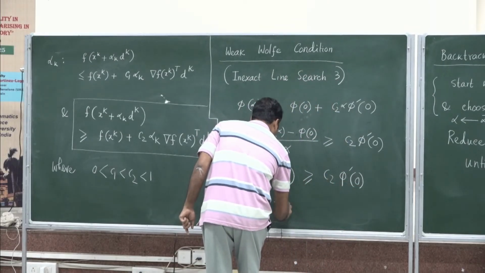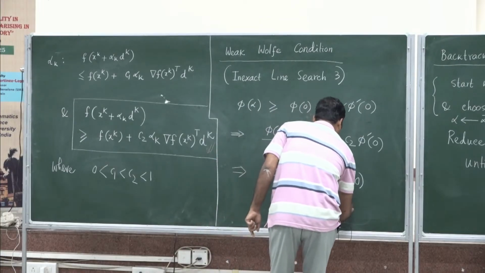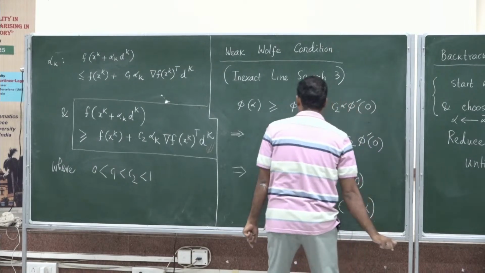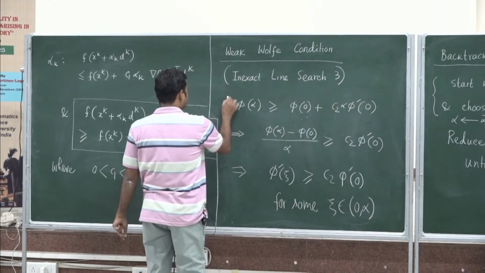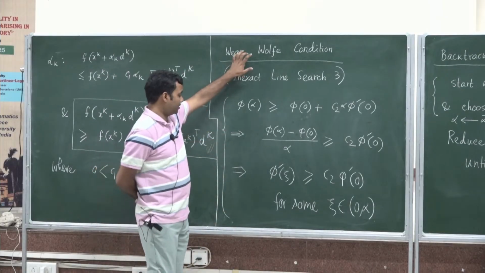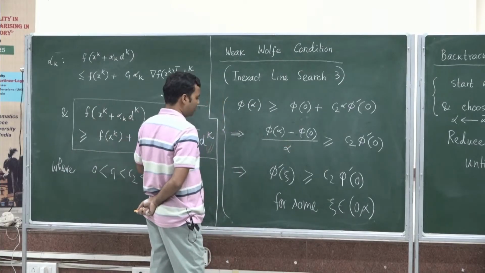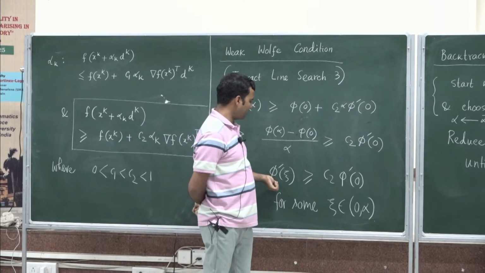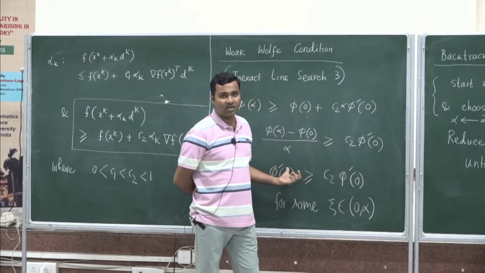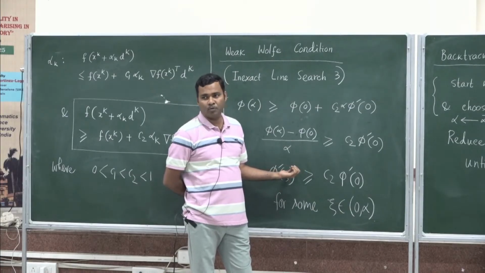From this rudimentary derivation, Wolfe found that if I replace the Goldstein condition simply by phi dash alpha greater than or equal to C2 into phi dash 0, then the conjugate gradient method's global convergence can be proven.